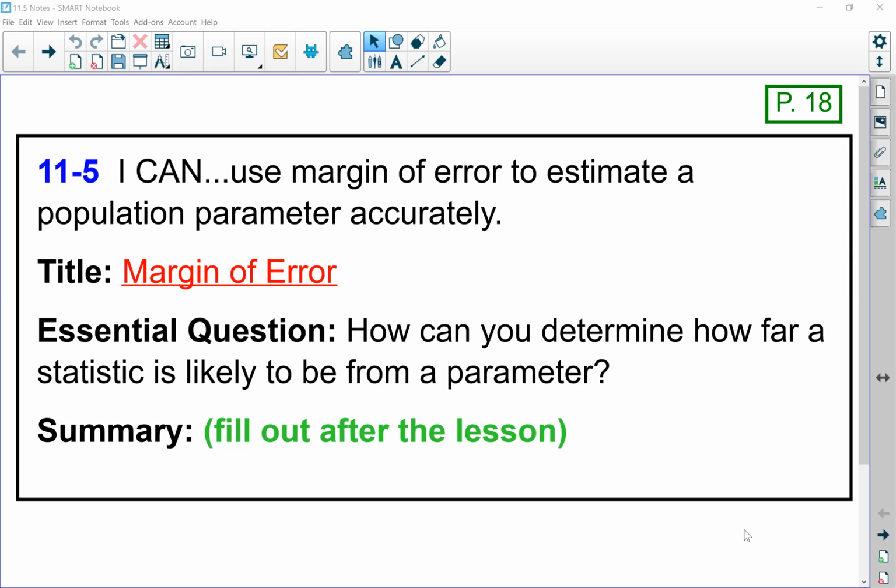A lot of times you'll see, especially during elections, that 62% of people prefer candidate A, and then in the bottom corner, usually it'll say plus or minus a certain percent, and that's margin of error. And we'll talk about how that is calculated in about 10 minutes.